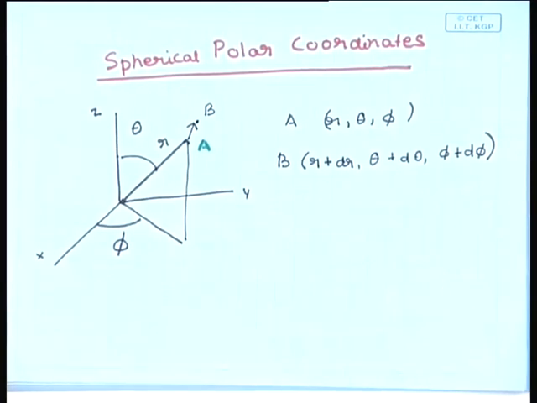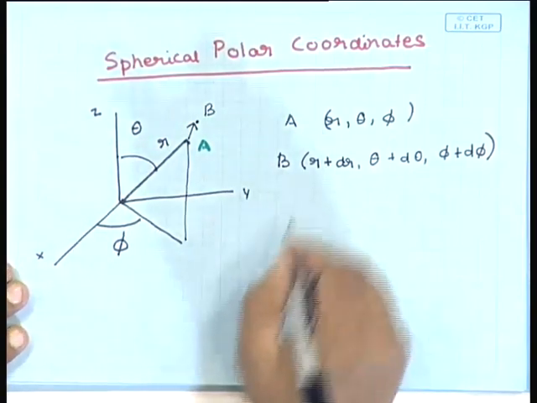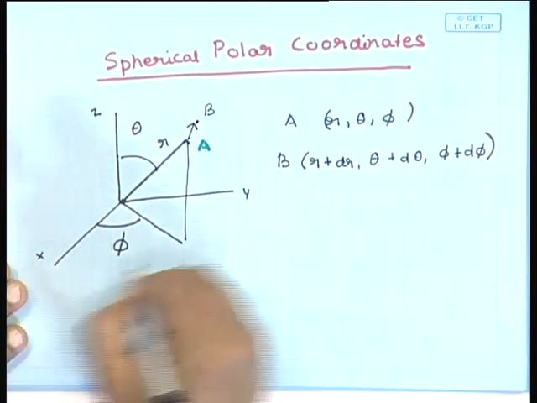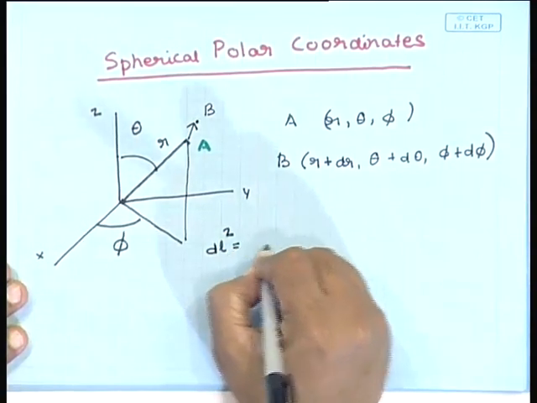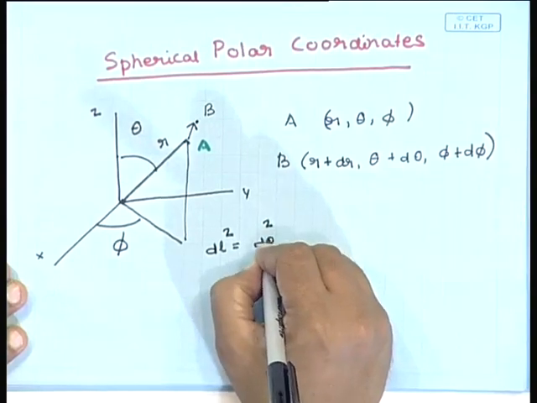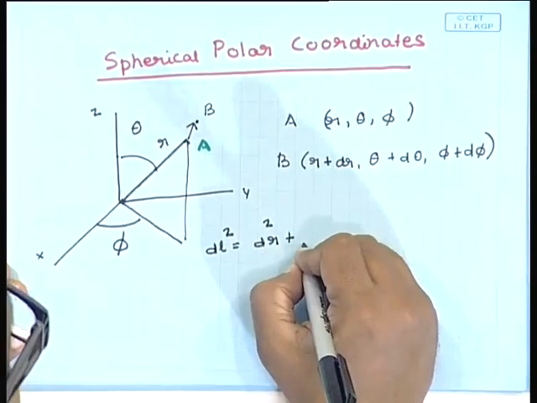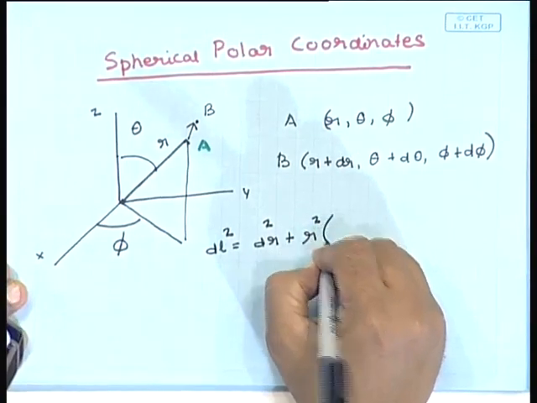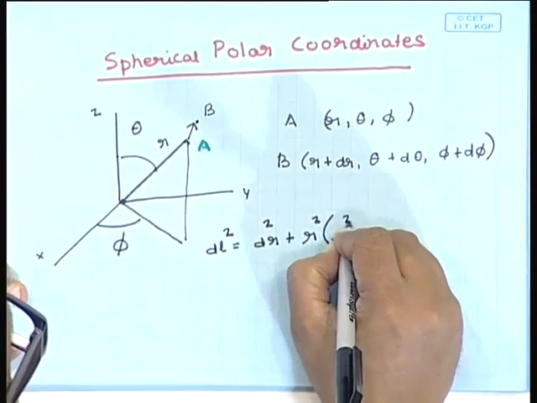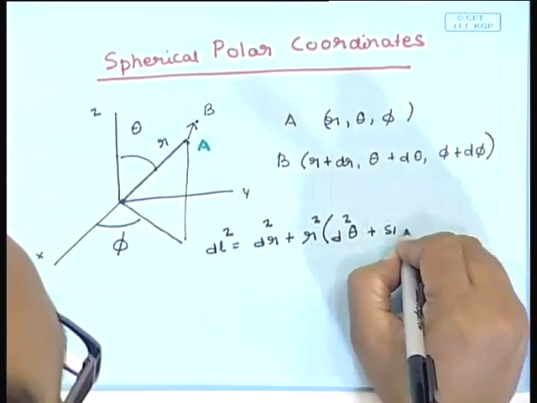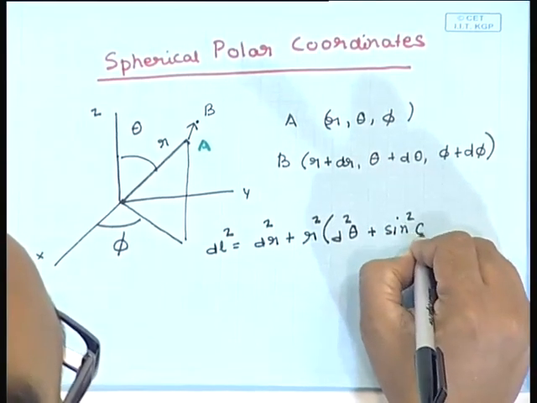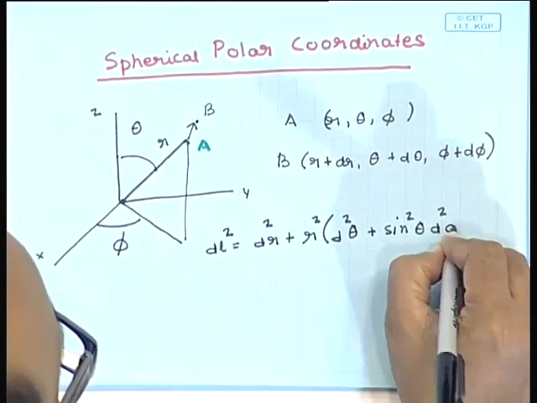Now I am sure it is familiar, it is known to you that the distance, again you apply the same Pythagoras kind of theorem, the distance between these 2 points, dl squared, let me write it here, dl squared is d square r plus r square d square theta plus r square sine square theta d square phi.